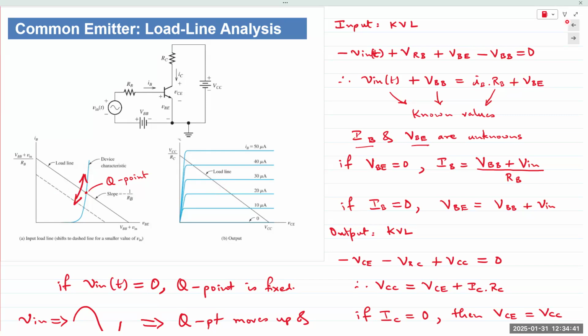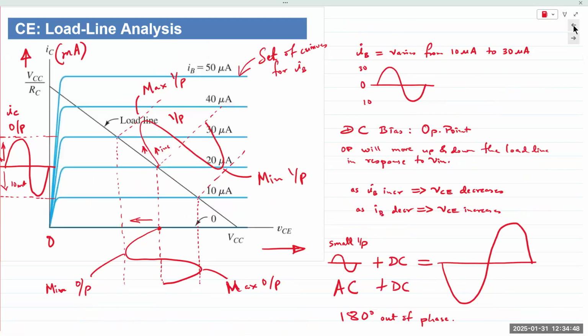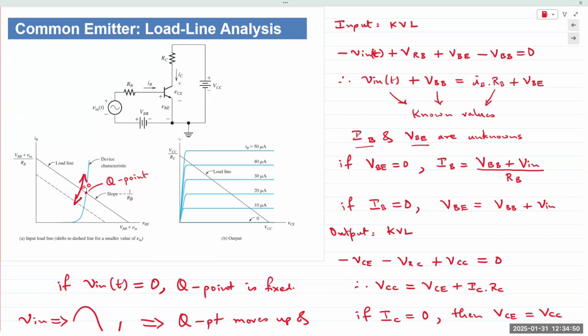But now we apply an AC input. When an AC input is applied, this Q point swings up and swings down, depending on the form and value of the AC input. Because it shifts up and down, the output also shifts up or down.